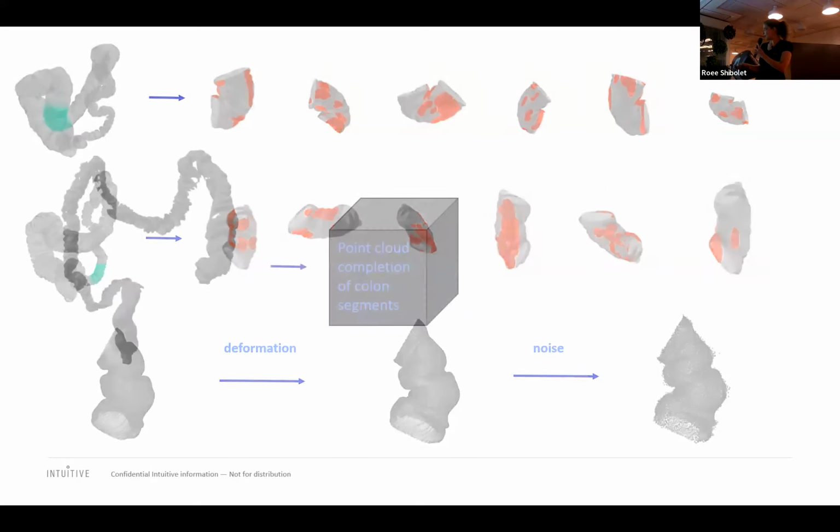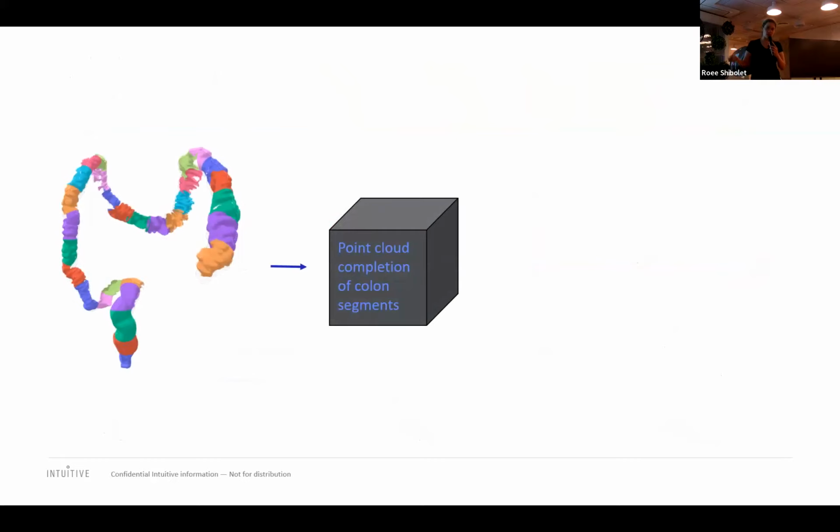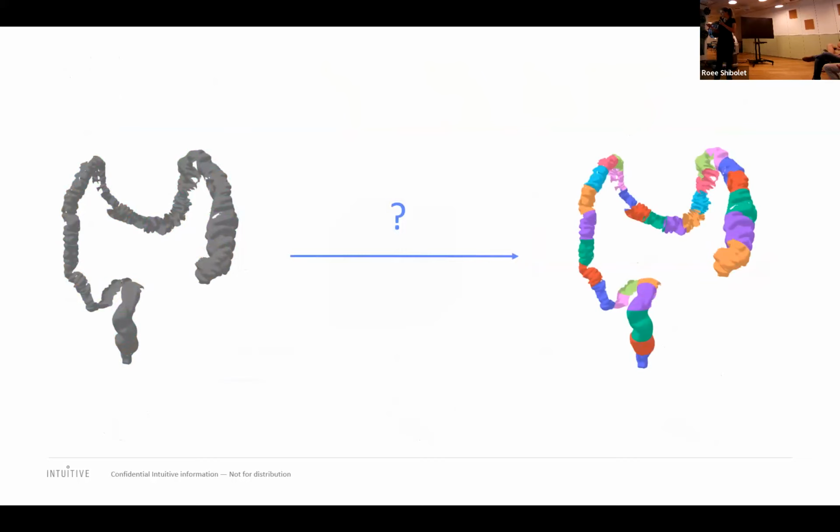So what does it imply for our pipeline? We now have a point cloud completion network. For now, I represent it only as this black box that takes as input a segment and not the entire colon. And the question is, how do we go from this input of the entire reconstructed colon to segmentation of it?